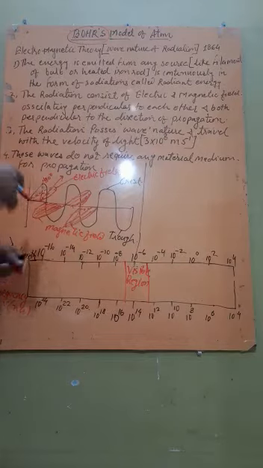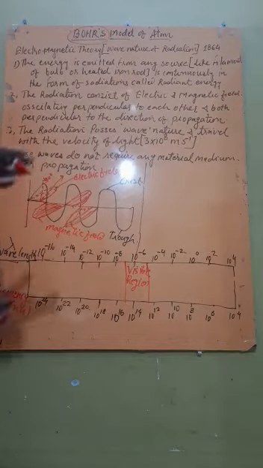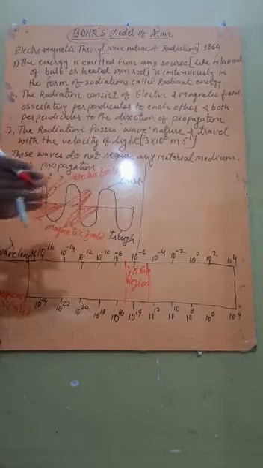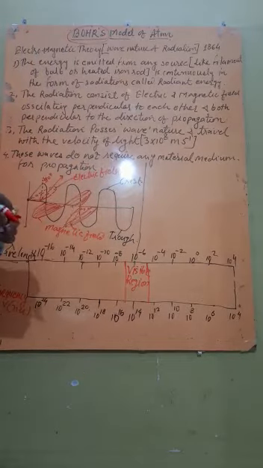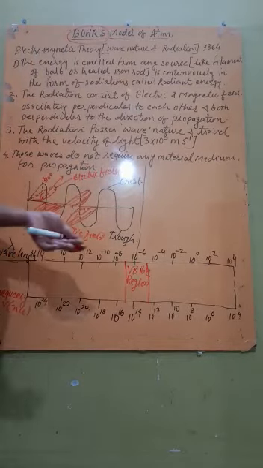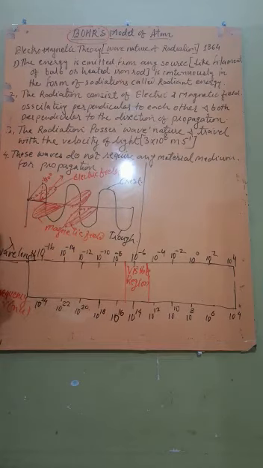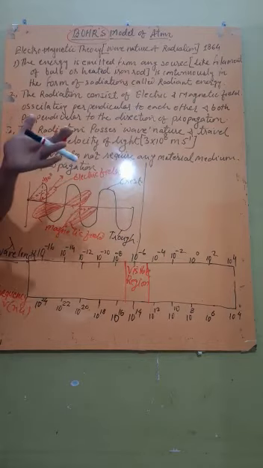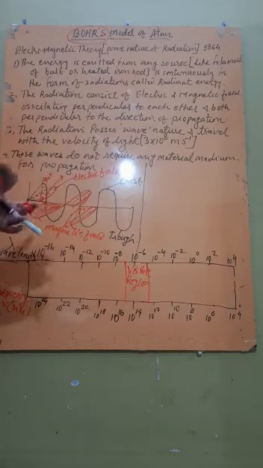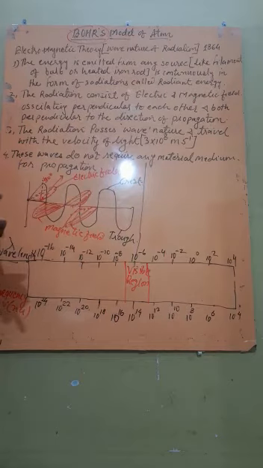So what happened in the gap between these years? Actually, Bohr studied many scientific advancements which took place at that time. Many technologies were developed, and many concepts about an atom were given by different scientists.